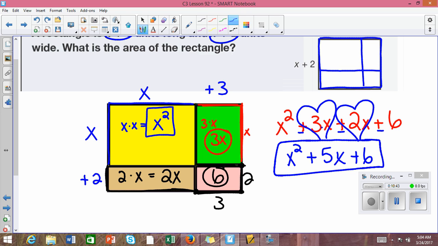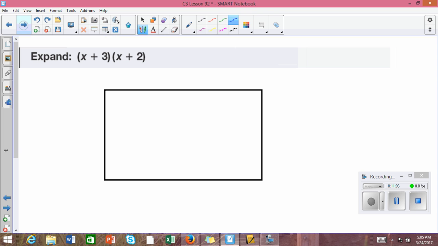So what this means is that when I take x plus 3 and multiply it times x plus 2, my solution is going to be this pretty trinomial right there. Okay? So we're getting into more of the polynomial aspect of your mathematics, and we're going to continue. Even more fun. I just wanted to show you another demonstration of this.